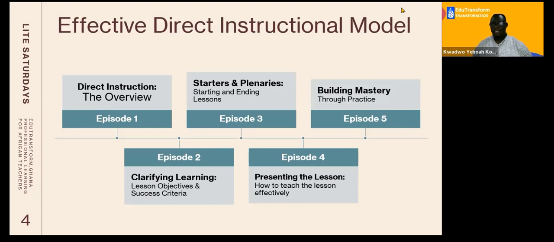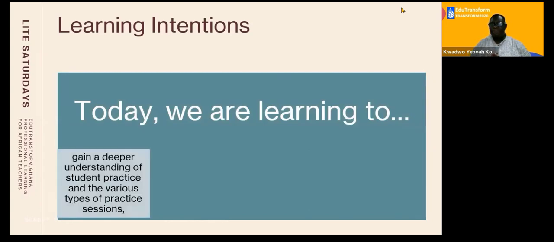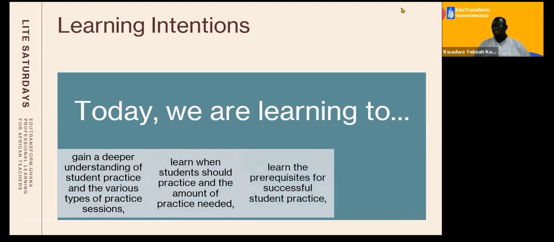In today's session, we want to look at four key things that are very vital to the lesson, the concept of practice. One, how do we gain a deeper understanding of student practice and the various types of practice sessions. Two, what should students practice, and how much time should be devoted to it.